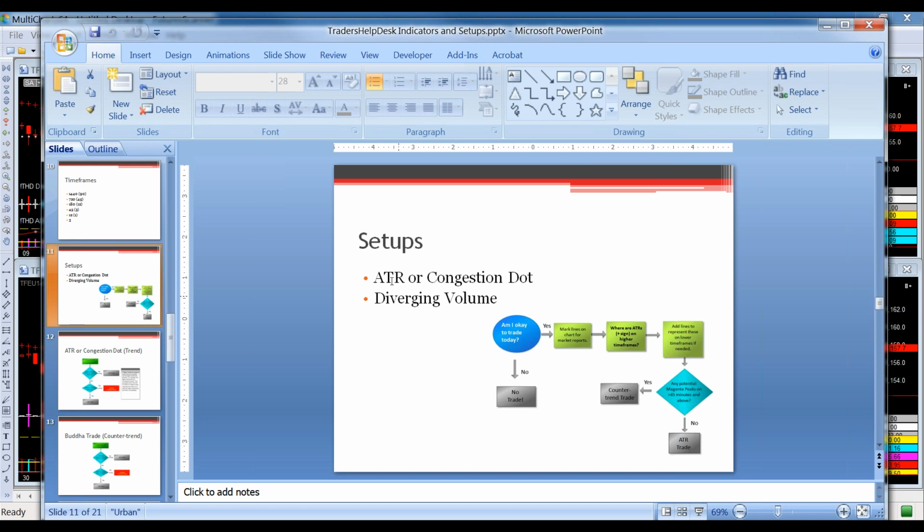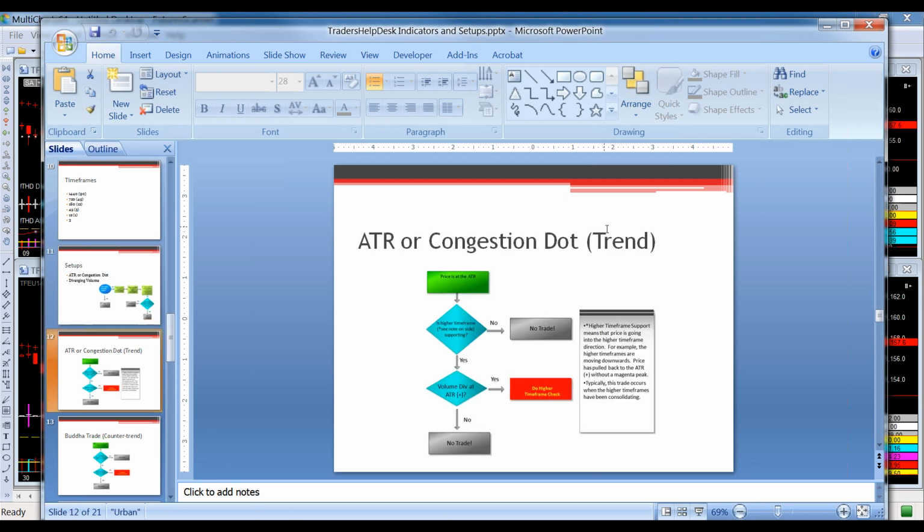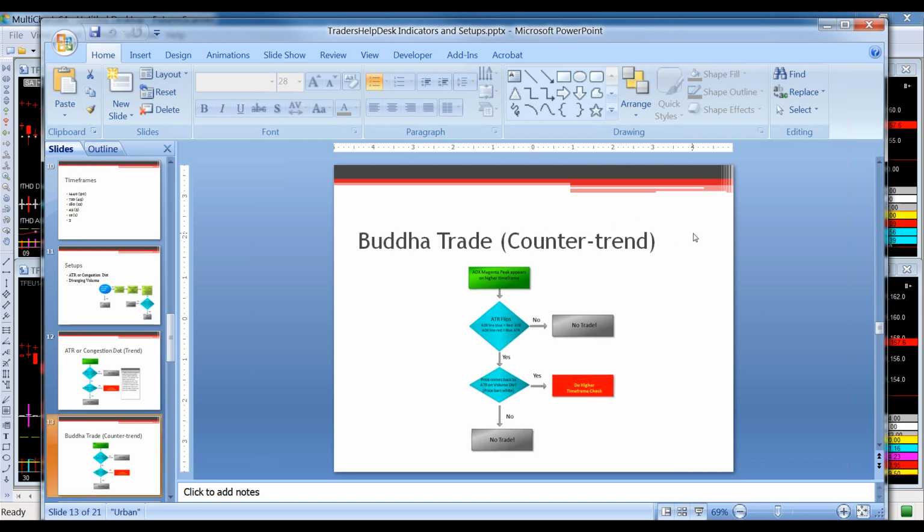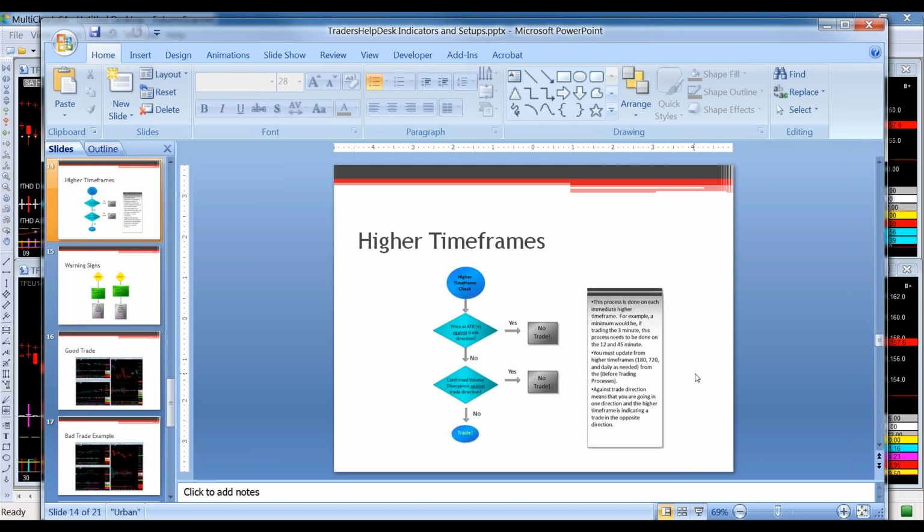Then we start going through, okay, what do we do when we first get up to trade? What are the first things that we do? So I show you the flow chart and I walk through the flow charts with you. I walk through the ATR, the congestion dot entry. I go through the counter trend trade, which is the Buddha trade, okay?